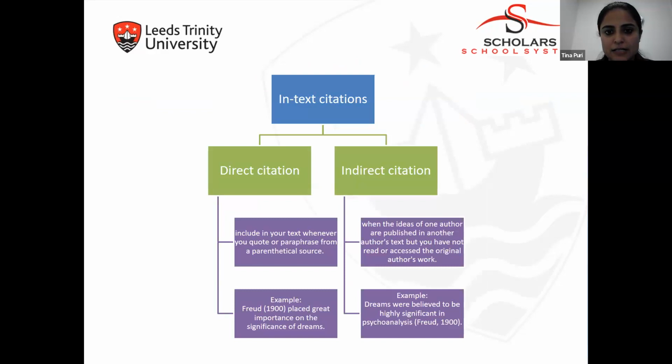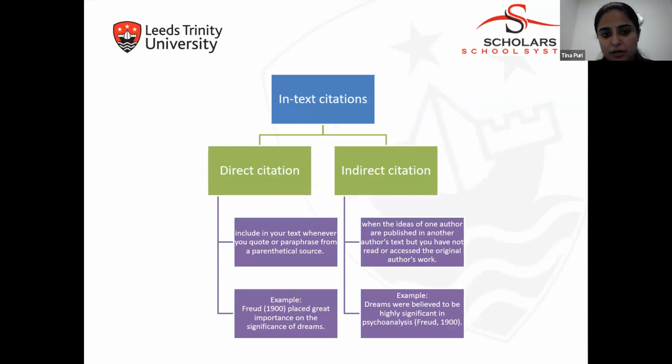Now, in-text citations can be direct citations or indirect citations. Direct citations are included in your text whenever you quote or paraphrase from a source, and indirect citations are used when the ideas of one author are published in another author's text, but you have not read or accessed the original author's work. Examples are given.